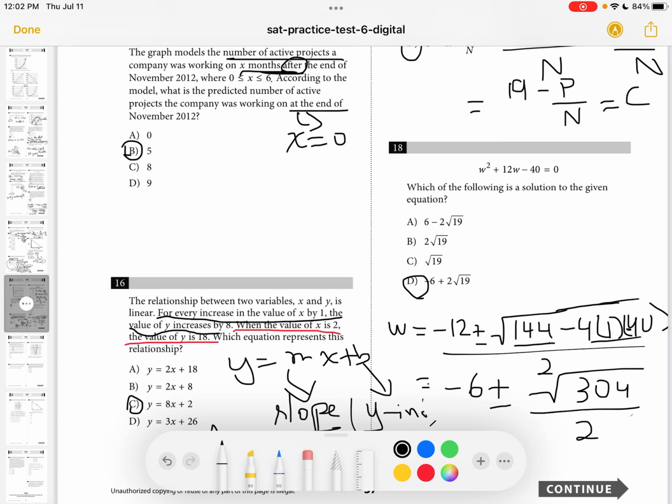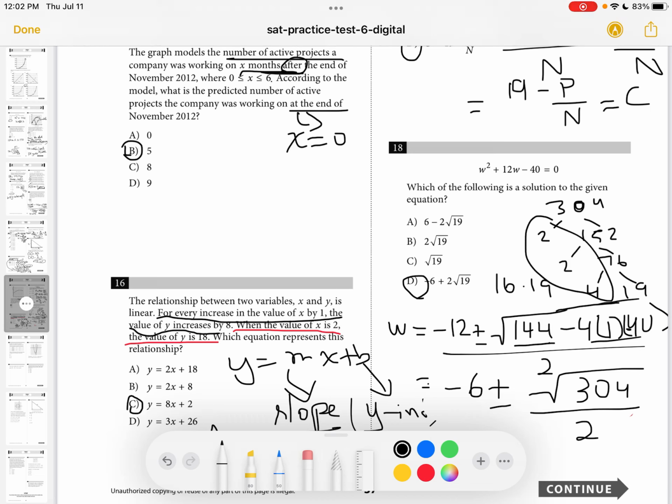Alright, we're going to simplify root 304. 2 goes into it. What do we get? 152. 2 goes into that. We get 76. 4 goes into that, and we get 19.